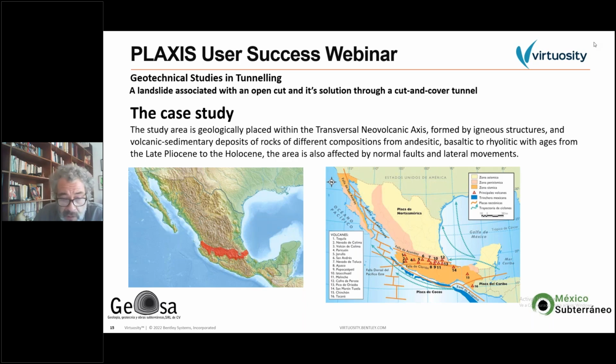So it is always a very big challenge to work in this area of the country. And fortunately, we already had many nice and interesting experiences after many years working in this region.